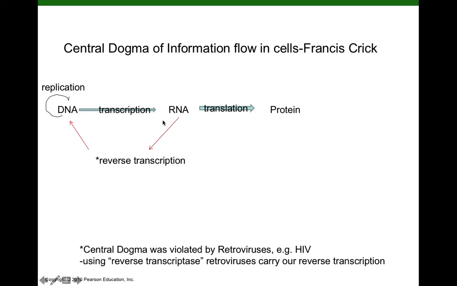HIV has an RNA genome, and when it gets into our cells, HIV has a special enzyme called HIV reverse transcriptase that uses its HIV RNA as a guide to make DNA. This process is called reverse transcription. The bad news is once that DNA copy is made, HIV inserts its DNA copy into our chromosome, and once it gets in there, we can't get it out again. That's a process we'll come back to when we do our unit on viruses.